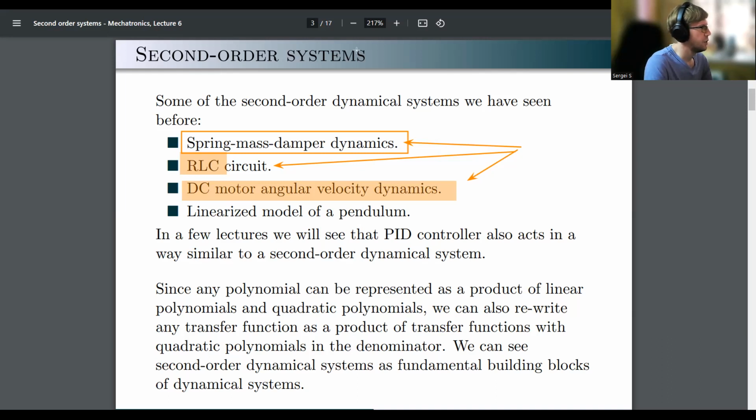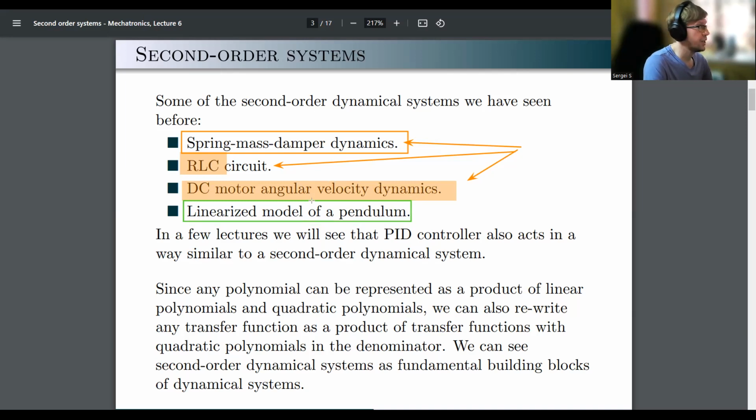Right. Also, a lot of linearized models are second order. For example, linearized model of a pendulum is a second order model. As linearized implies that it is linear, right? So this part is already kind of covered. And then the order of the model is usually the same between the linear model and a non-linear model.